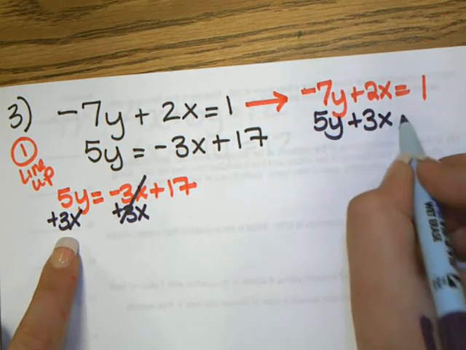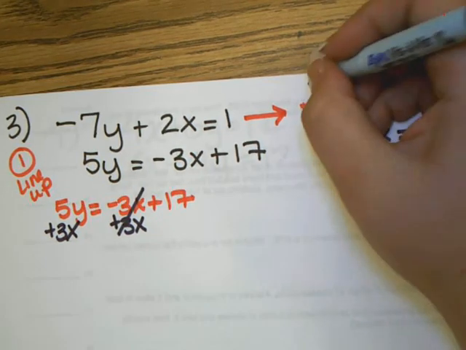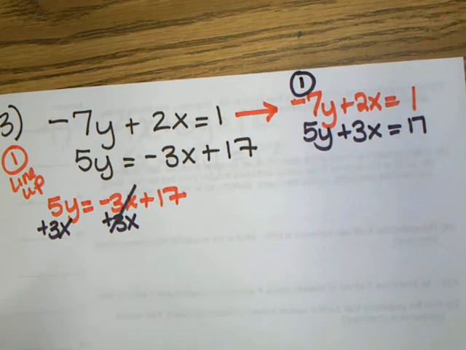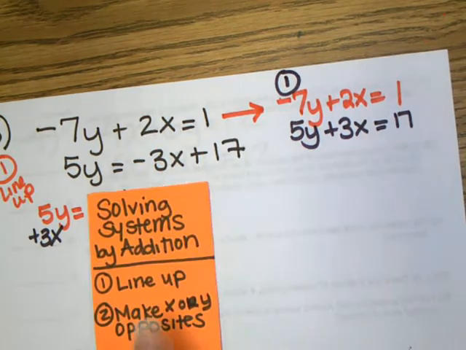So now I have 5y lined up with the negative 7y, and then I have a 3x lined up with the 2x, and the 17 lined up with the constant. So this was step 1, get them lined up.